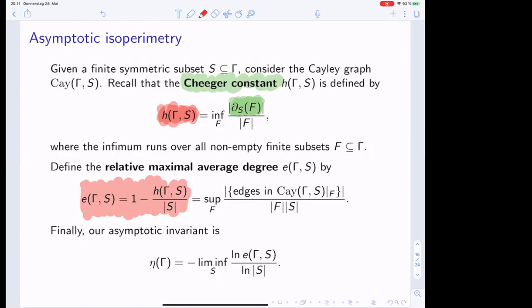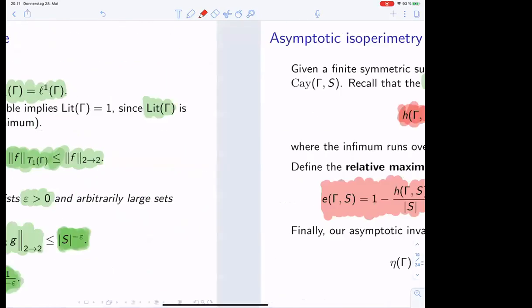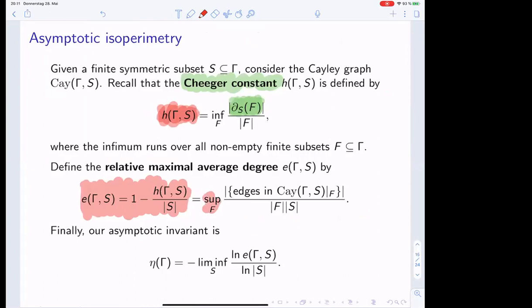You can write it as the supremum over all finite subsets F: you take the Cayley graph, restrict it to your finite subset, look at the induced subgraph on that finite subset, and count the edges. And you divide by the maximum number of edges that you could possibly see if you look at F and all the edges leaving the set F, right?